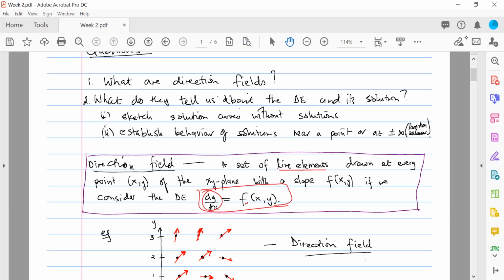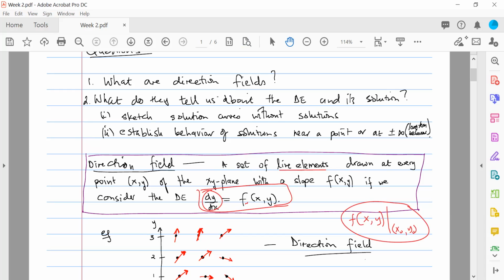When you substitute f(x, y) at a point (x0, y0), you get the slope of the curve at that point, where x0, y0 are specific values. For example, you can have (0, 0) or (1, 1) or whatever the case might be.